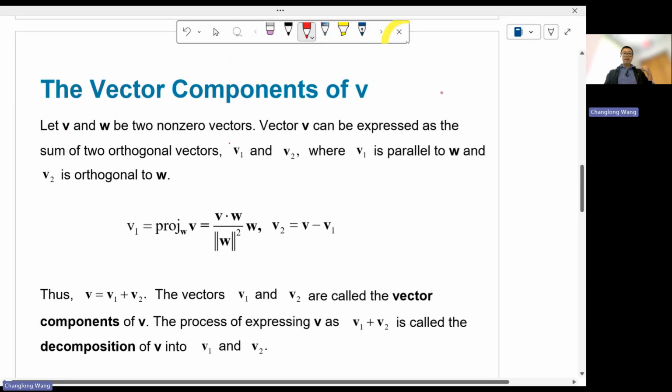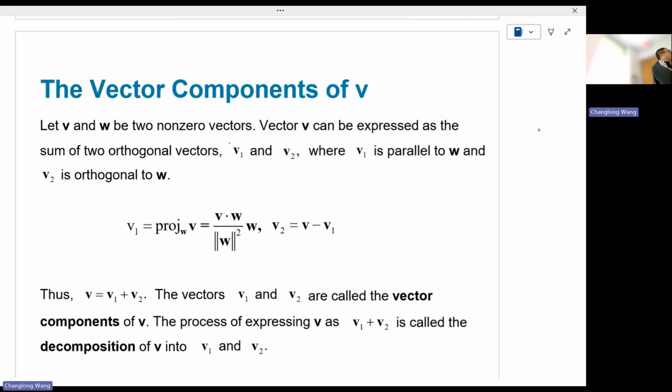So now they realize if I can project a vector V onto a W, I'm getting a vector that's in the same direction as the W, right? That's the projection of V onto the W, and that's known as a component of the V in the direction of W. They call it V1.